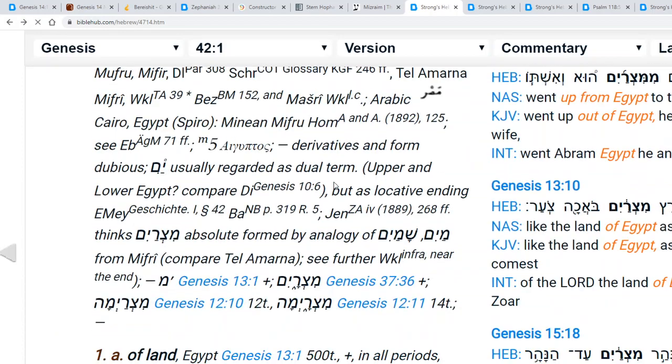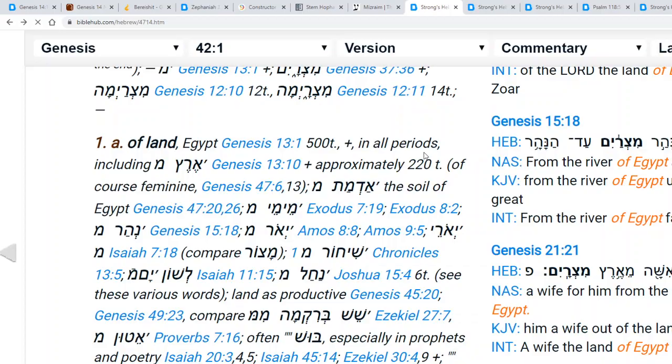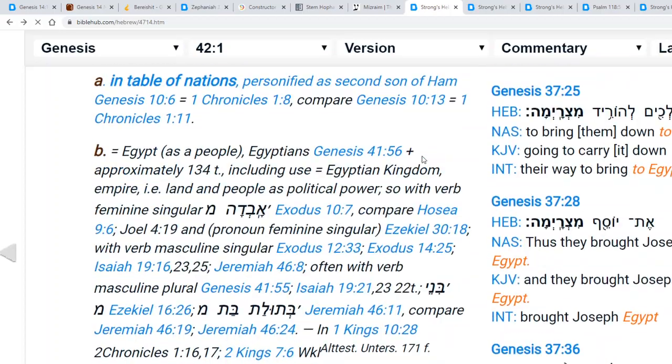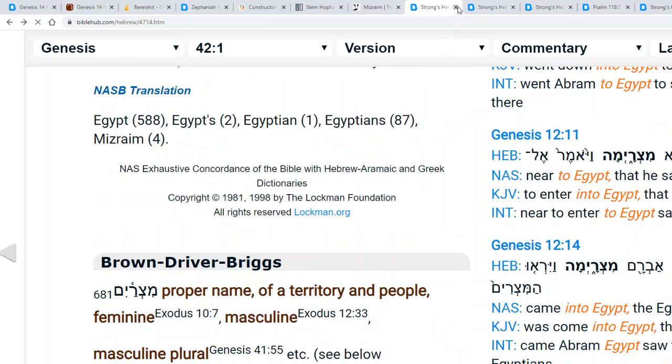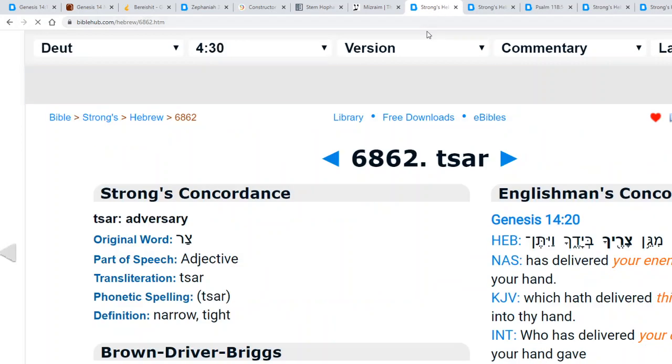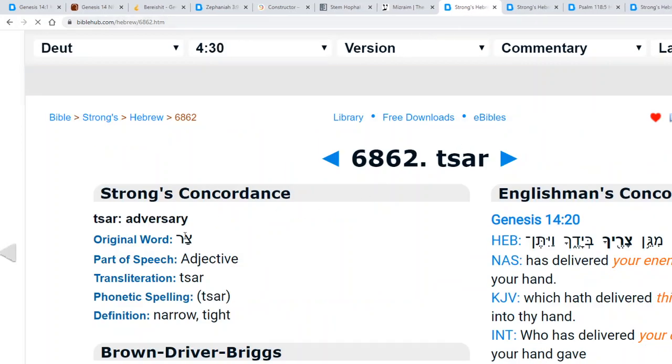So it shows up a lot in the Bible, and you can use your concordance if you want to look more into it.